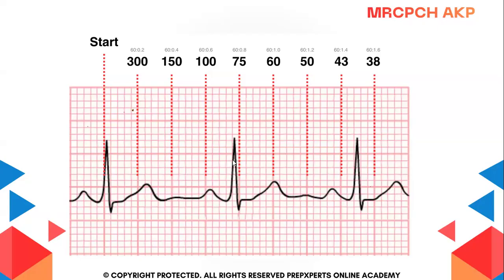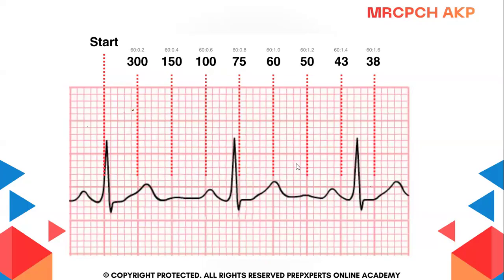Personally, this is my favorite, and it is very practical, and you don't have to calculate everything, because as medical students, most of us are very bad at maths. So we don't want to open the cell phone every time. Just by looking at it: first big box 300, 150, 100, 75, 60.